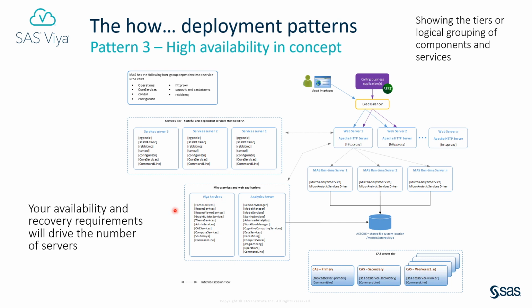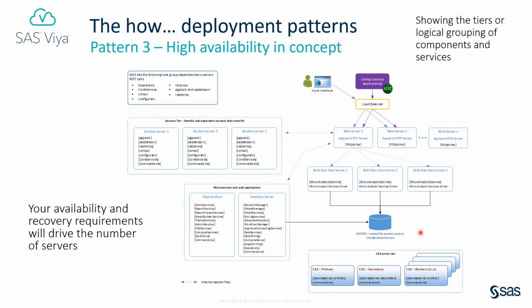There are a number of other microservices and web applications in the platform supporting the visual interfaces and the environment. You may or may not need to scale these out depending on your requirements. We've already seen how we can scale out the MAS server. We're also showing here that the HTTP proxy process could be deployed on separate servers as well.